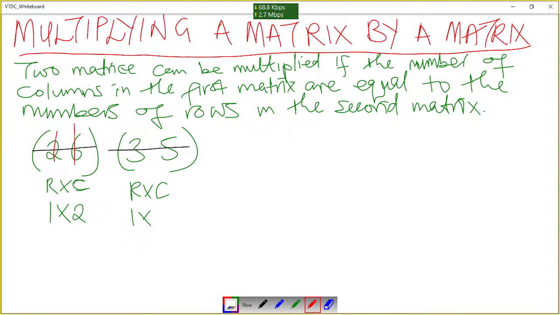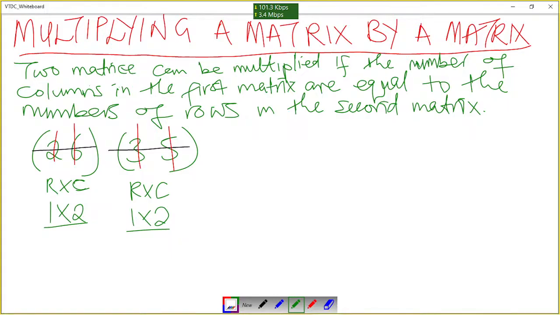We can see that it also has 2 columns, so 1 by 2. So the order of these two matrices is 1 by 2, 1 by 2. Now we have gotten the order of the matrices. That means they can be multiplied because they have the same order, isn't it?